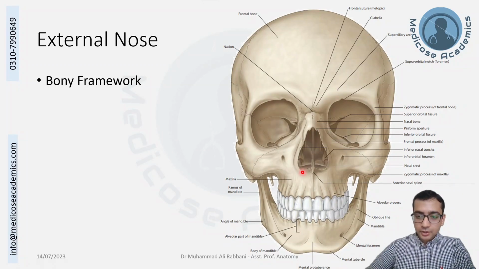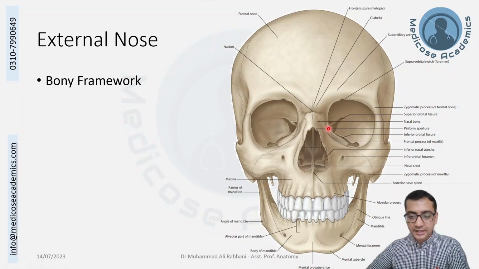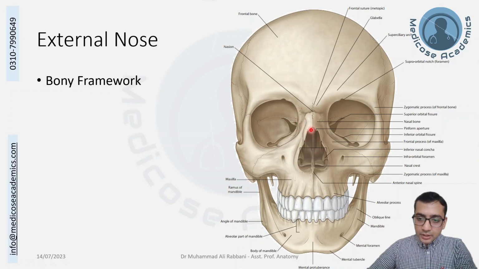If we look at the skull, we will see the nasal aperture. It is present deep inside what we can see on the external nose. This picture is with the cartilage removed. This bony framework includes the two nasal bones on the top. They join in the midline with the internasal suture.